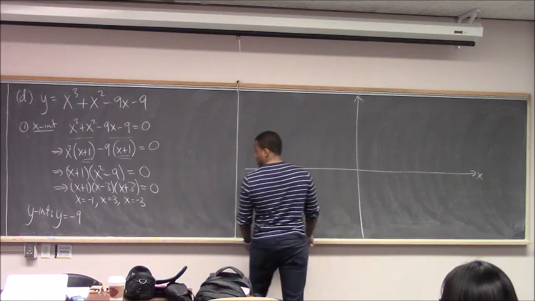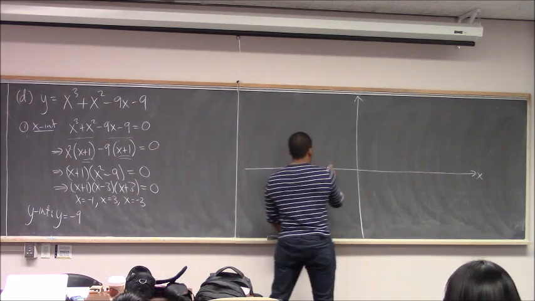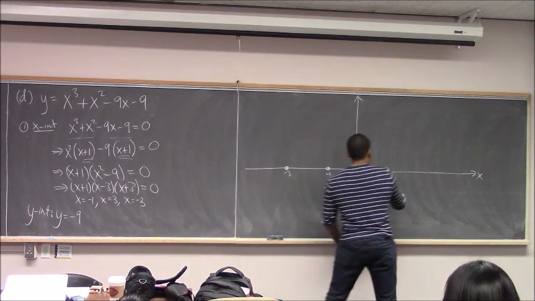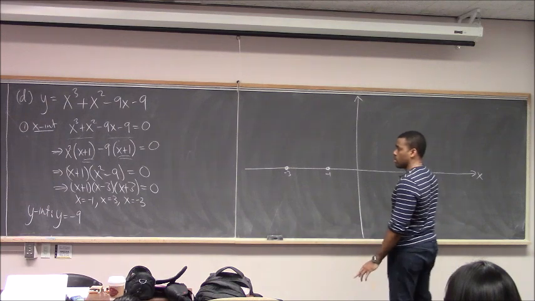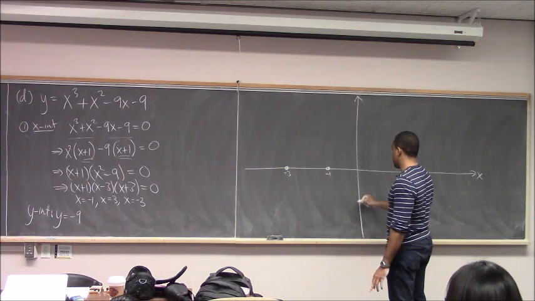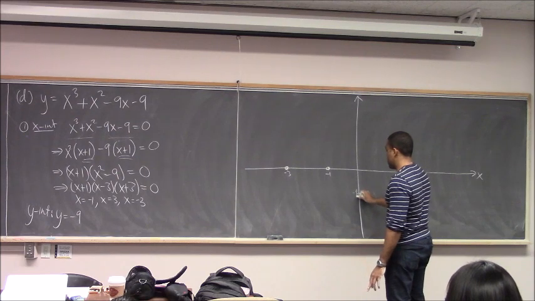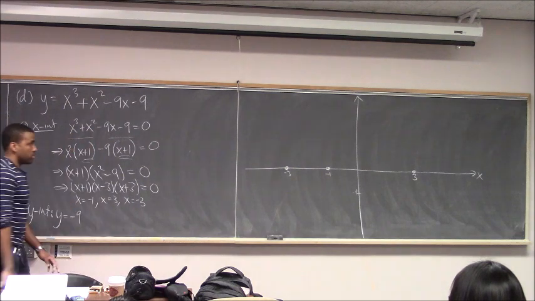So we have one at -3, -1. We have one at 3. And we know the y value passes through -9, which I'm going to kind of make here. Okay, so that's the first thing.